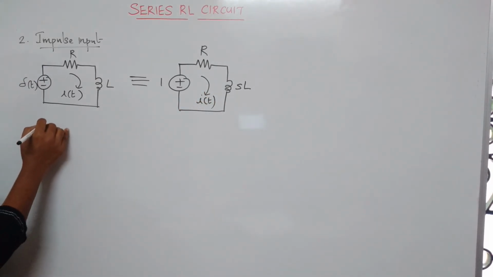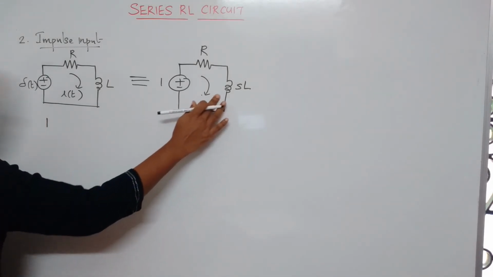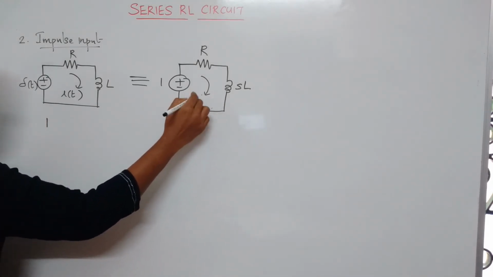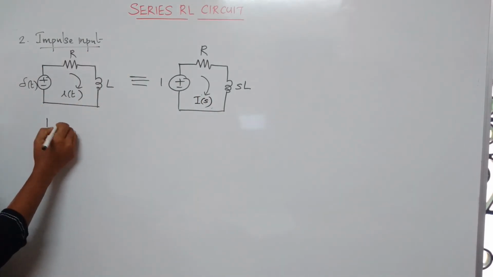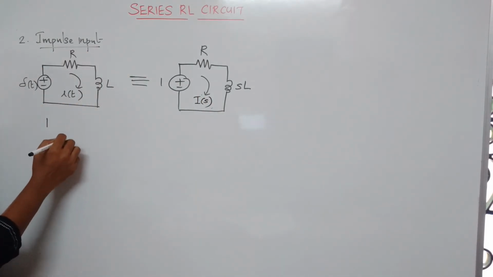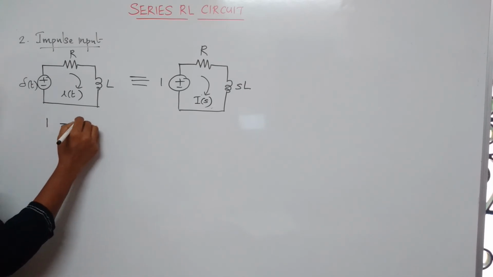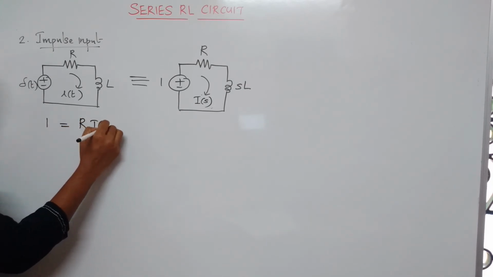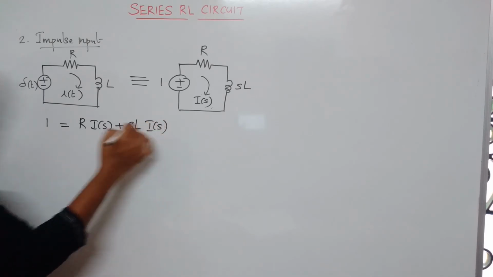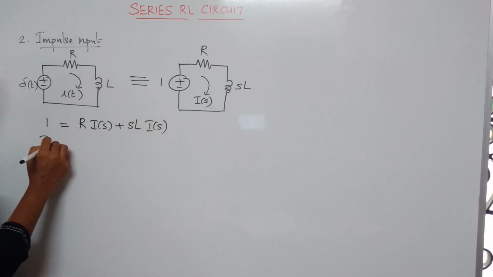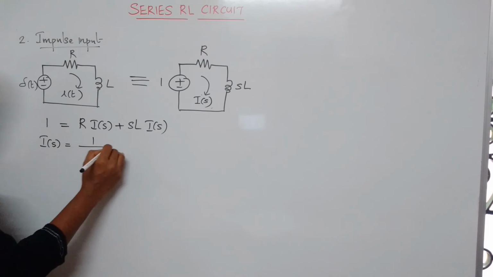So we can write the equation. Sorry, this is not i of t, this is I of S. So the equation will be 1 is equal to R into I of S plus SL I of S, or I of S equal to 1 divided by R plus SL.